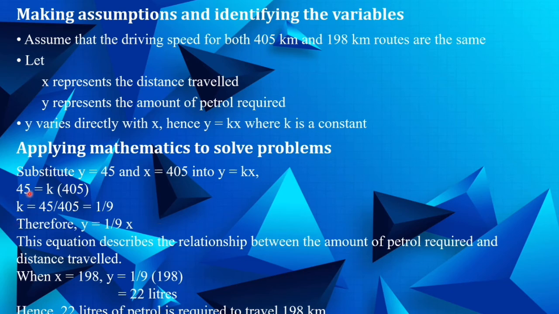So we substitute it and we get k equals 1 over 9, therefore y equals 1 over 9 x. This equation describes the relation between the amount of petrol required and distance traveled. So when x equals 198, we know that y equals 22 liters. Hence, 22 liters of petrol is required to travel 198 kilometers.